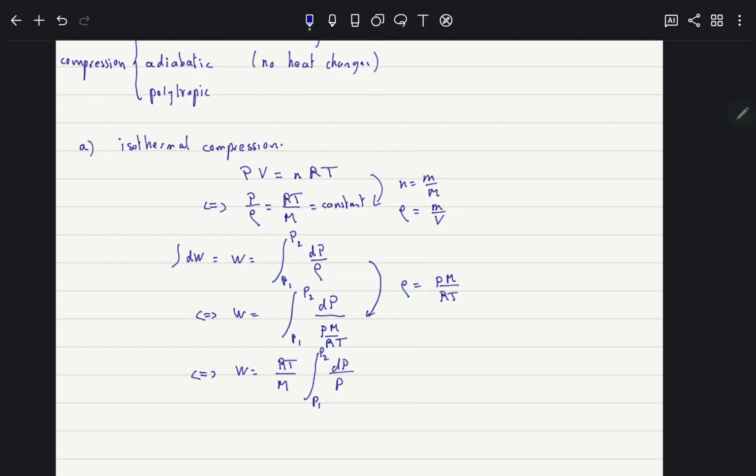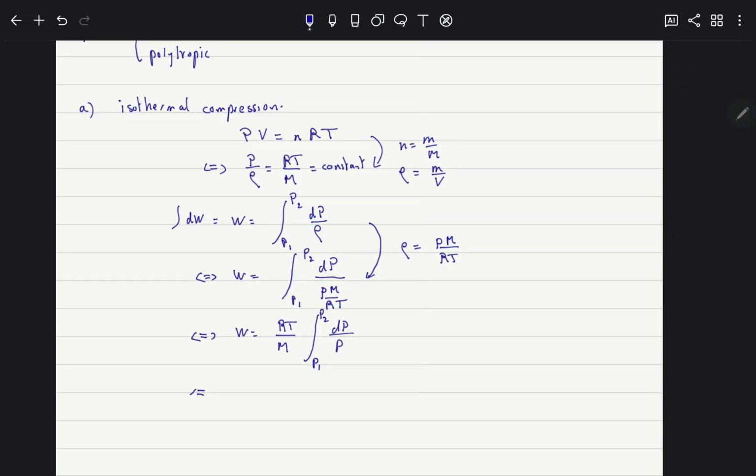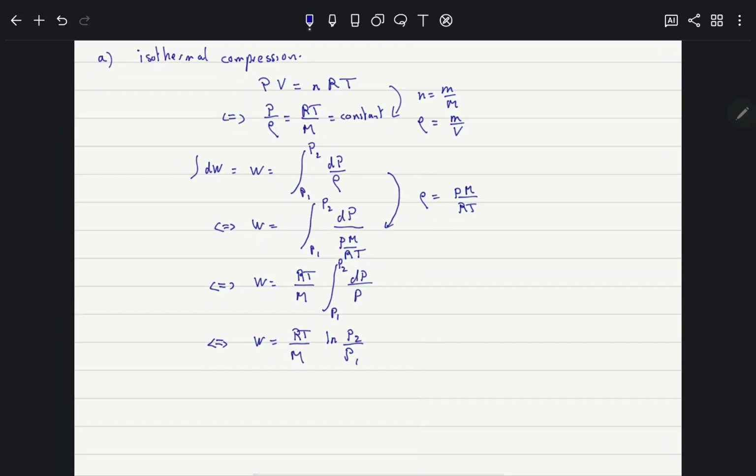All right, this integral is pretty straightforward. It gives you W equals RT over M times the log of P2 over P1. Finally, we've seen above that RT over M was a constant. So we could also write it as a constant, and it could be the ratio of P1 over rho 1.